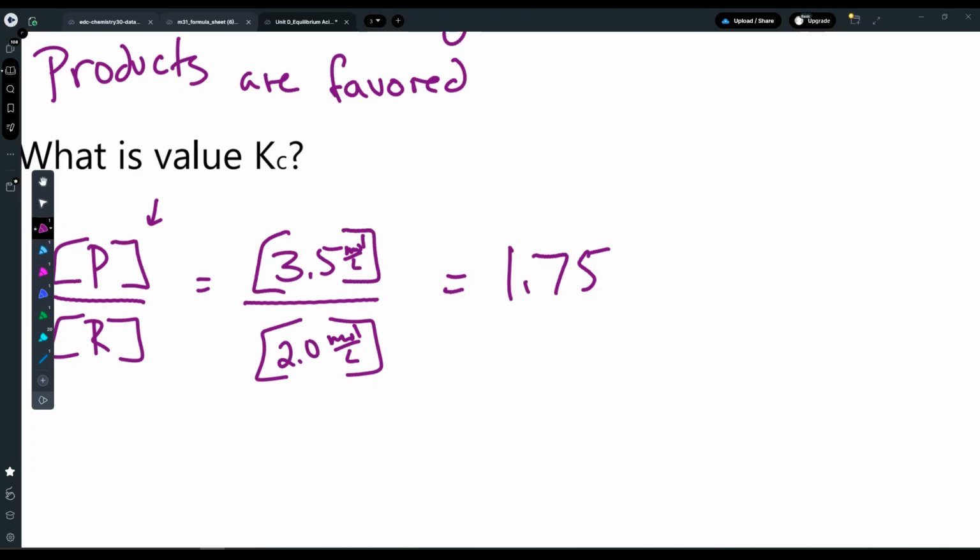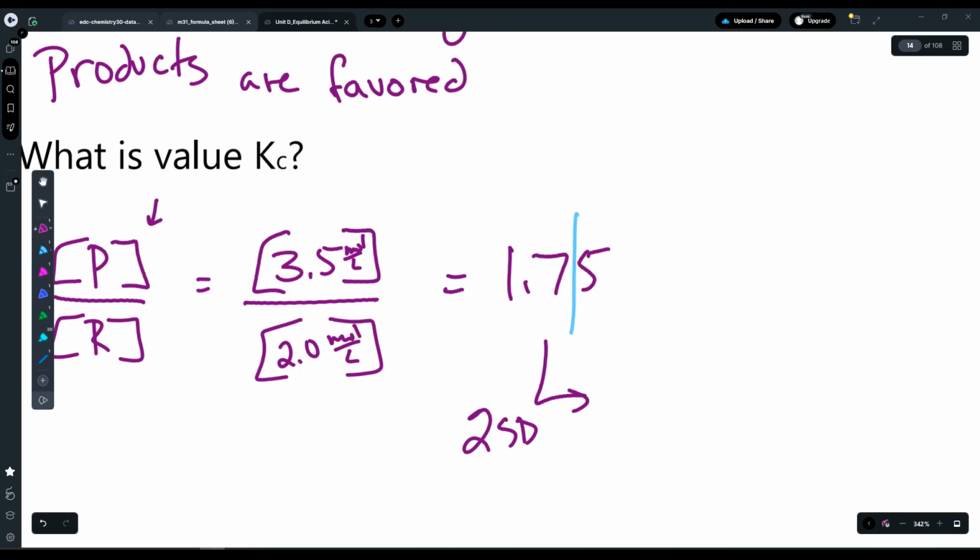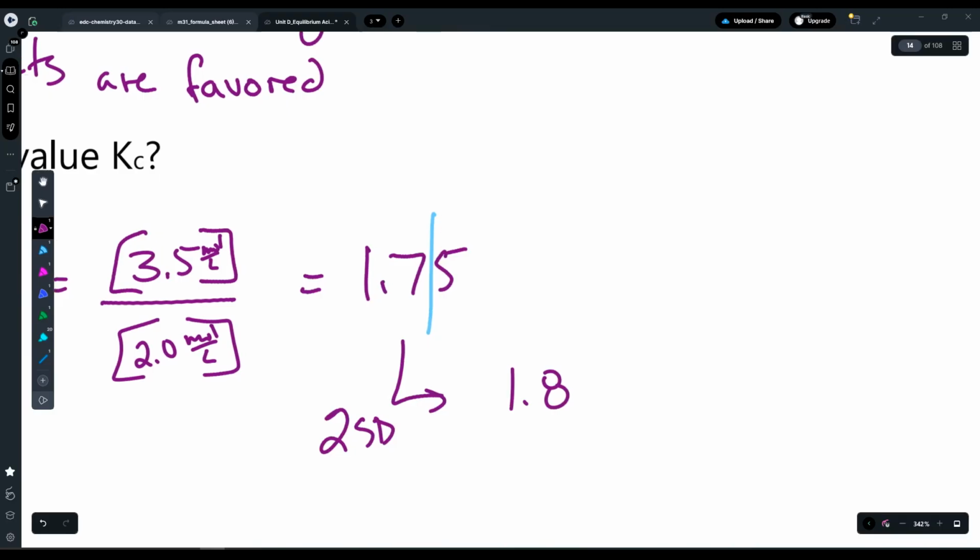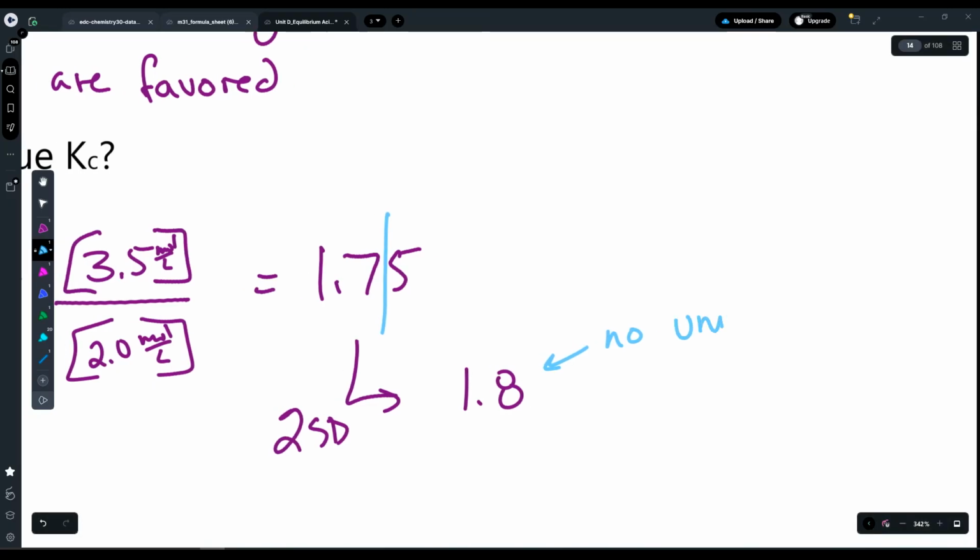I'm just doing this for the sake of this question. Questions on the test will be a lot more clear as to how many sigdigs you should be putting. So then that'd be an equilibrium constant of 1.8, and remember, no units are required for your equilibrium constant.